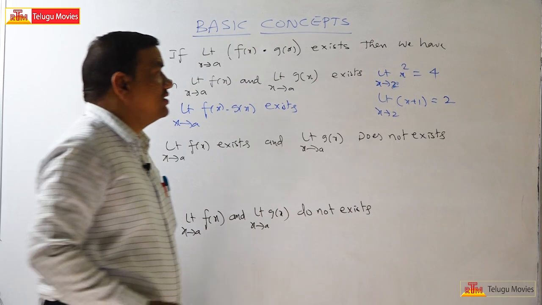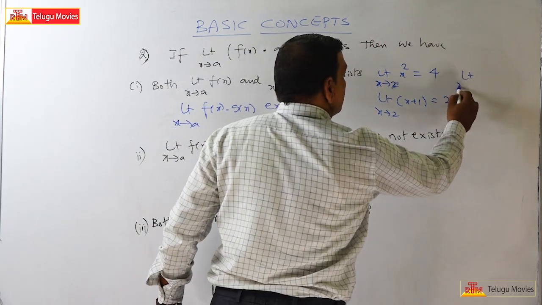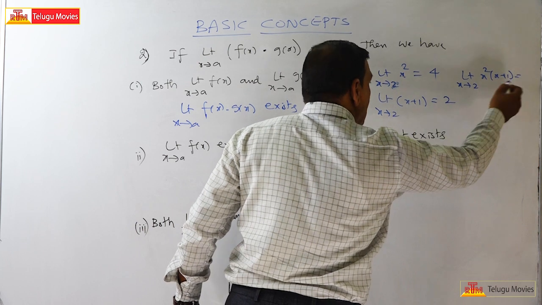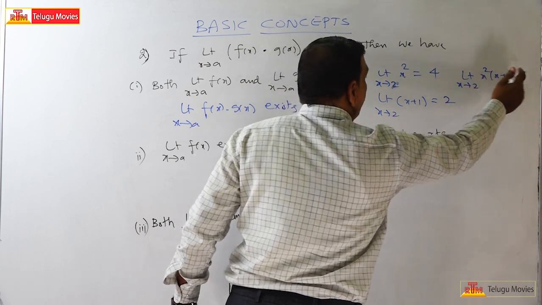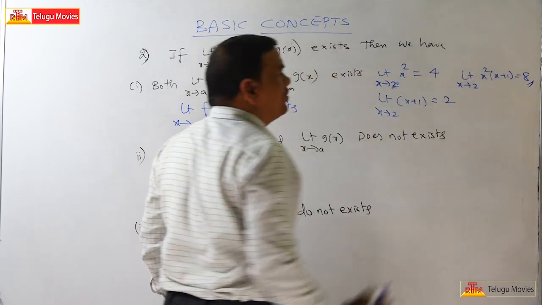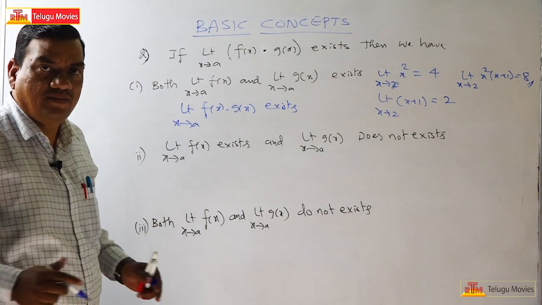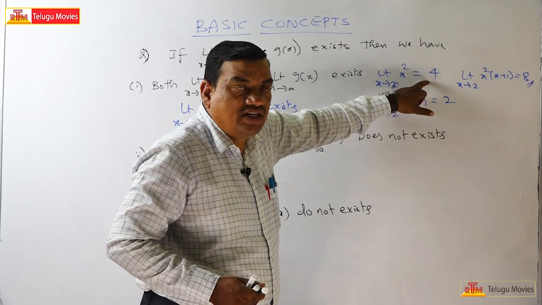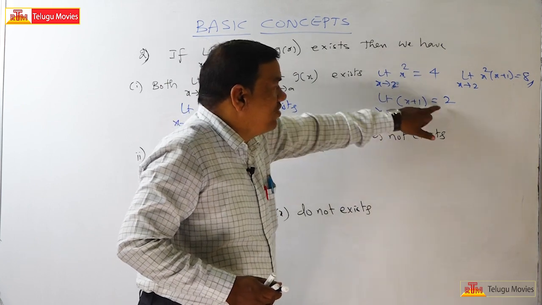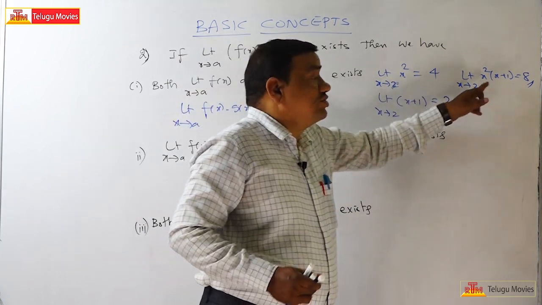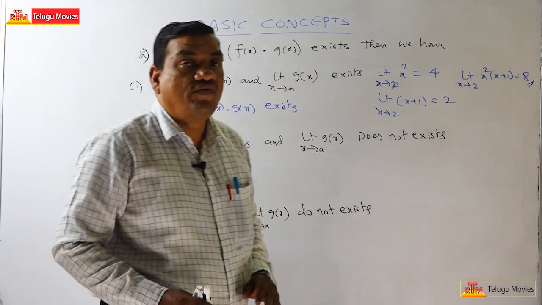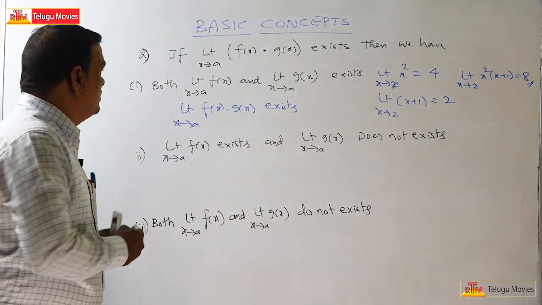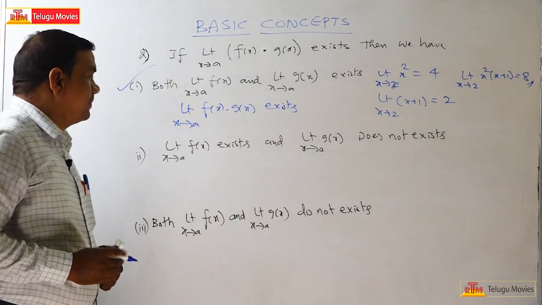See the product, limit x tends to 2, x square into x plus 1. This also exists, 2 square is 4, 4 threes are 12. This limit also exists. There is no doubt in it. That means if limit x tends to a of f of x exists and limit x tends to a of g of x exists, then limit x tends to a of f of x into g of x exists. Understand this? Right.